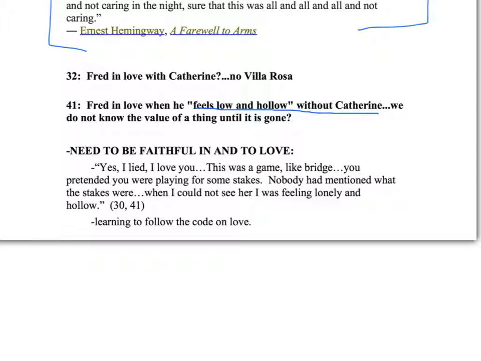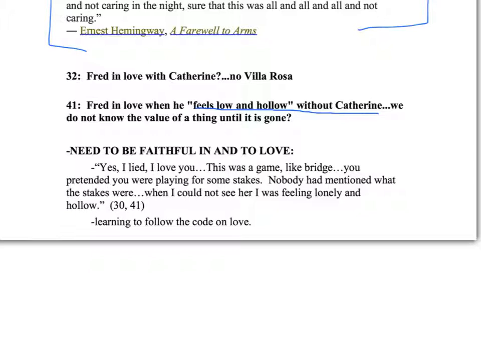So one of the things that emerges early on in the novel is that we really don't know the value of a thing until it is gone, and he has great fear that his relationship with Catherine might be ruined by his unwillingness to commit to her and be in love with her. And here he is in this sort of naive approach to love. He says, "Yes, I lied, I love you. This was a game, like bridge.